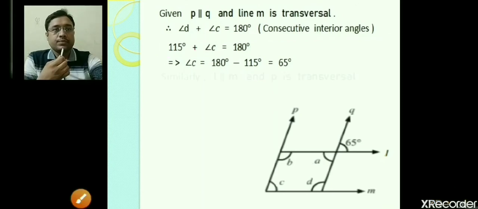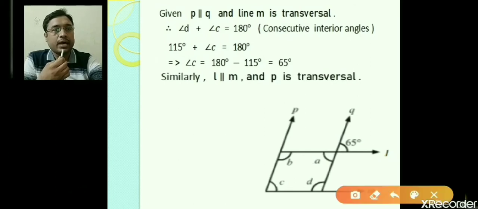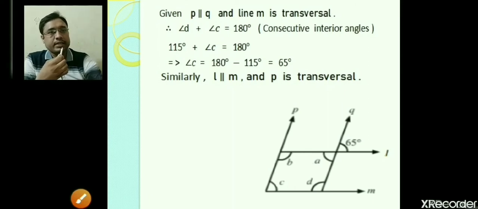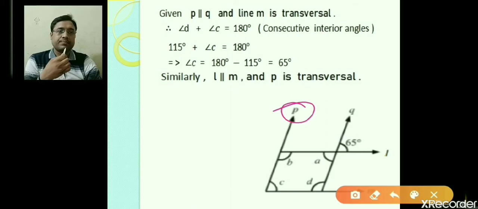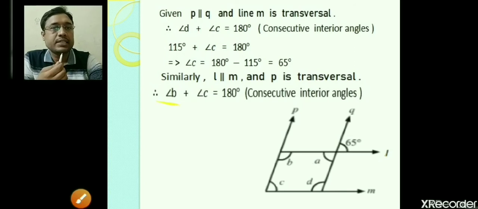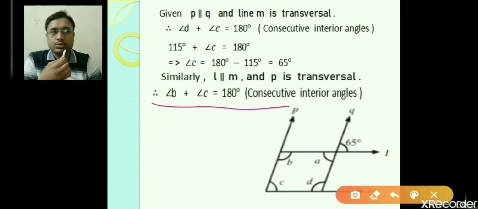Then similarly, these two lines L and M are also parallel, and P is the transversal of the lines L and M according to the figure. So angle B plus angle C is also 180 degrees, and the reason is that they are also a pair of consecutive interior angles.